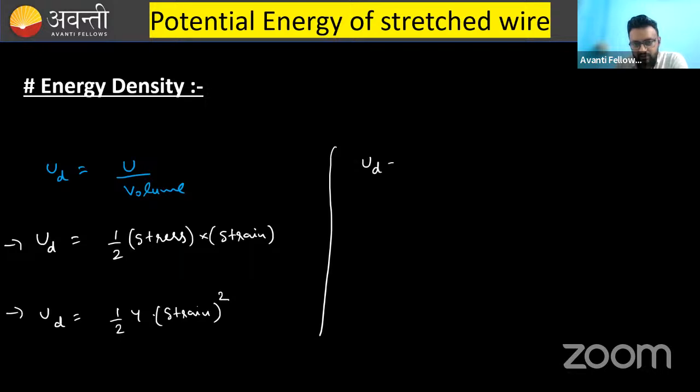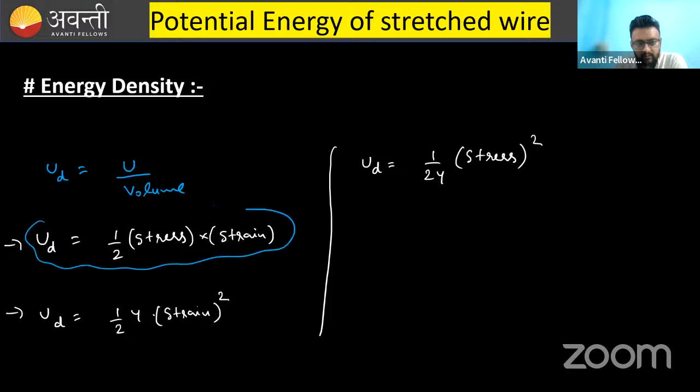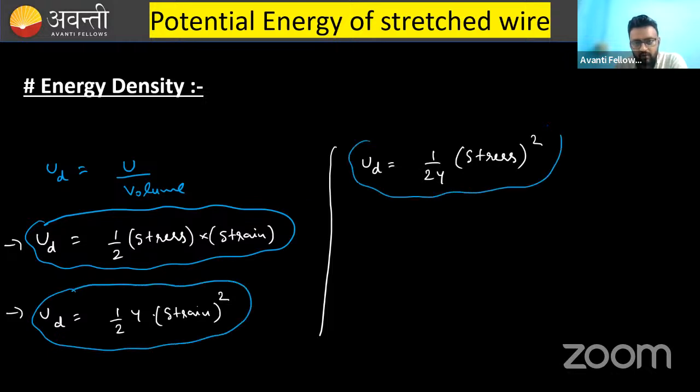Energy density is equal to 1 upon 2 by stress square, divided by Y. So all these terms are related to energy density: 1, 2, and 3. I hope it's clear. You didn't answer actually. What is Y? Y is the Young modulus, right? You know the term, I think.